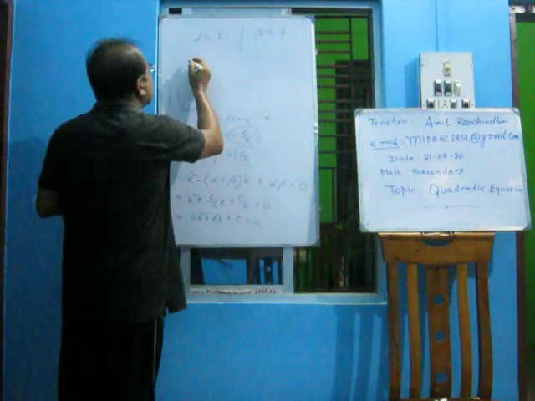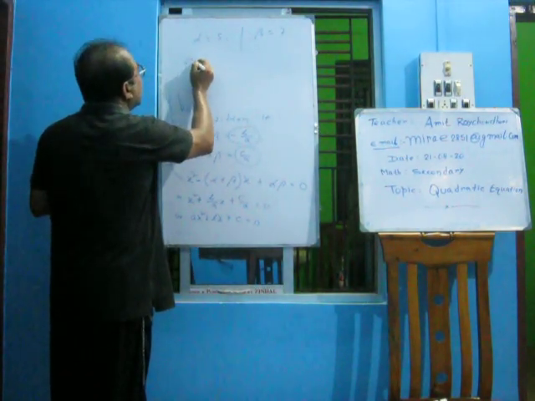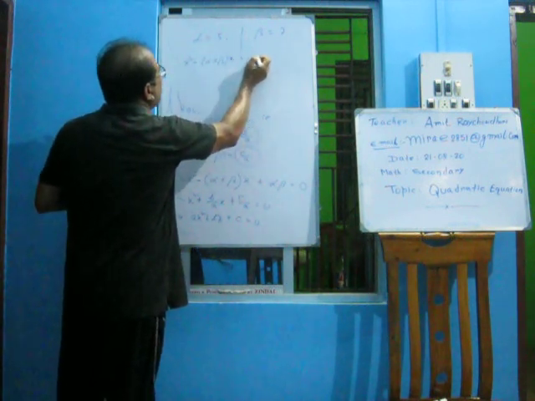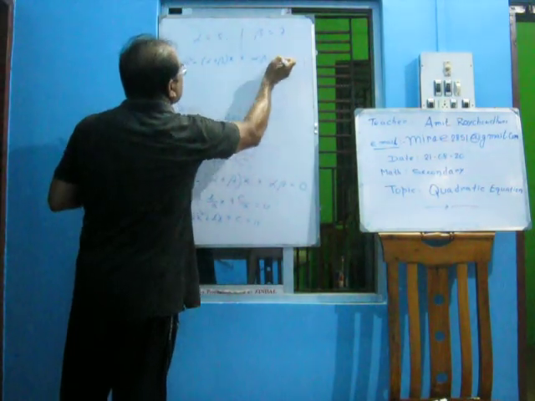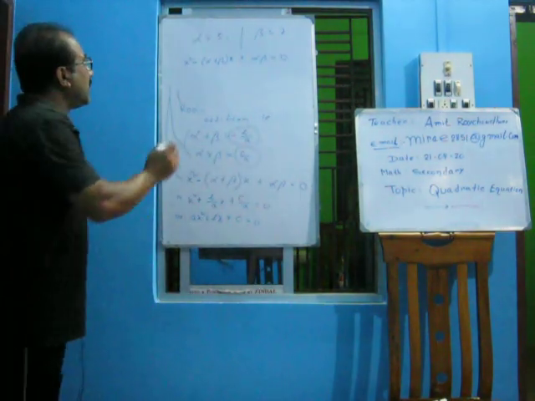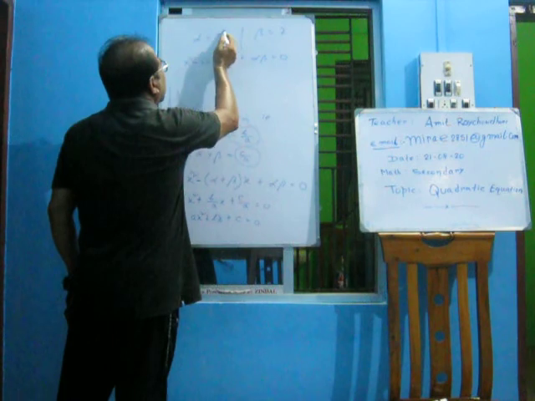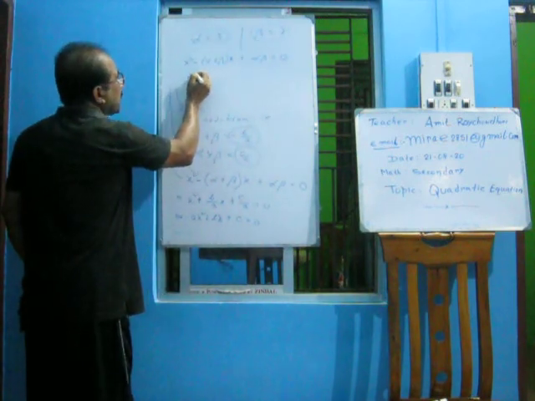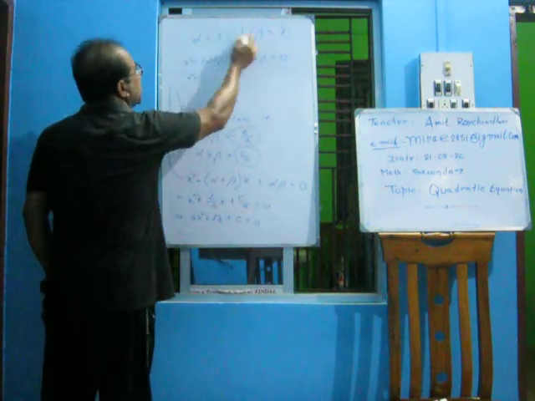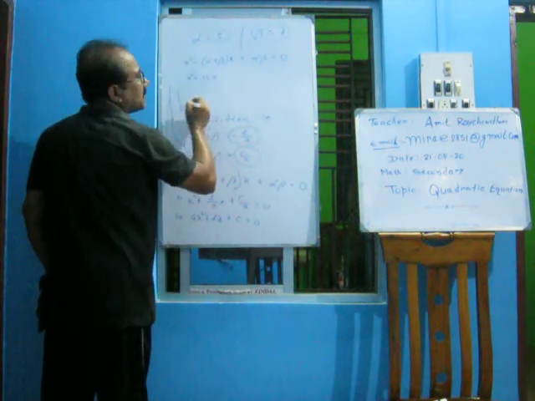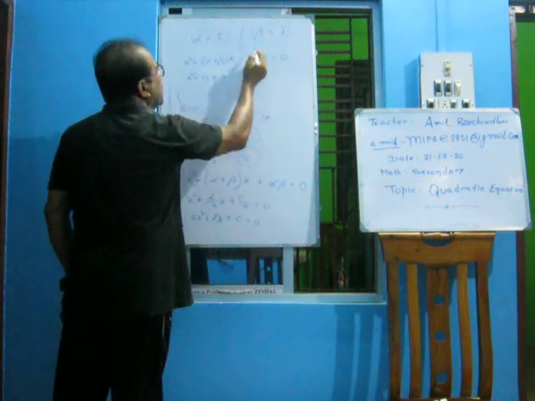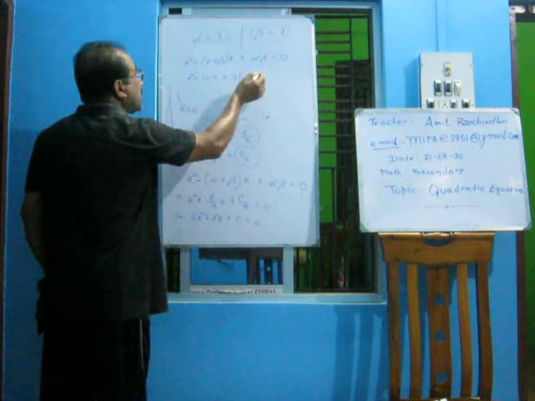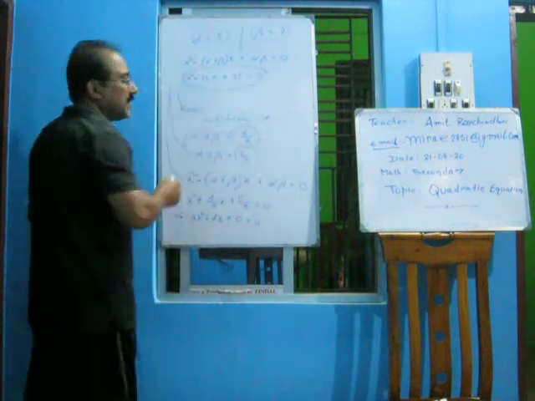It is very easy. x square minus alpha plus beta into x plus alpha beta equal to 0. Right? Now, it is given alpha equal to 5, beta equal to 7. So I will do x square minus alpha plus beta, which is 12, x plus alpha beta, which is 7 into 5, that is 35, equal to 0. That means the required equation is this.